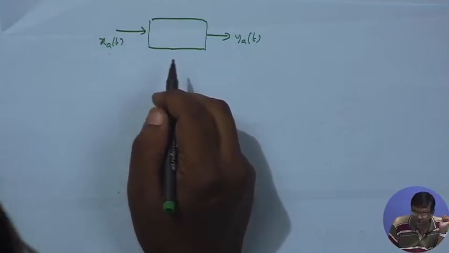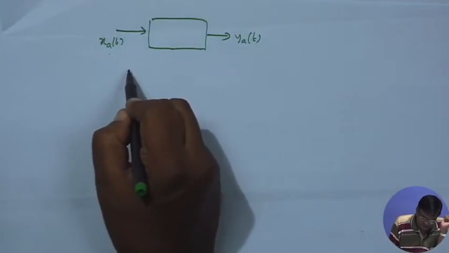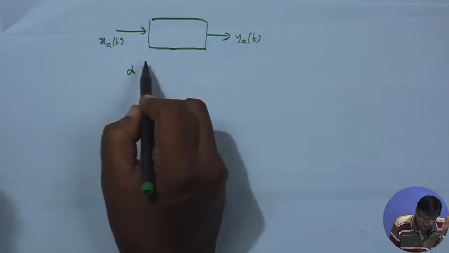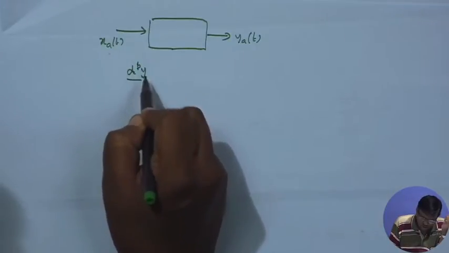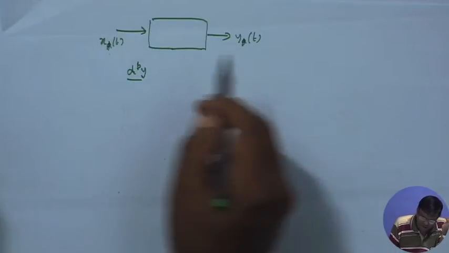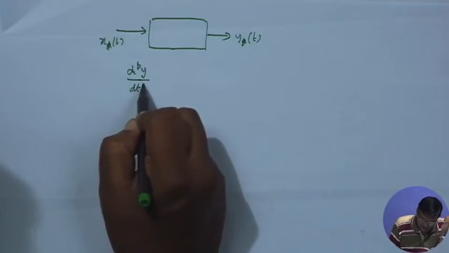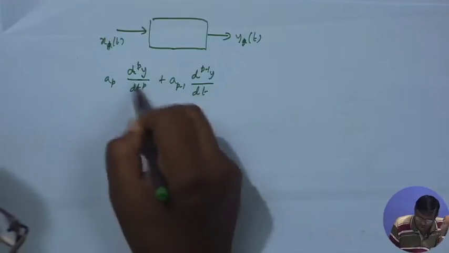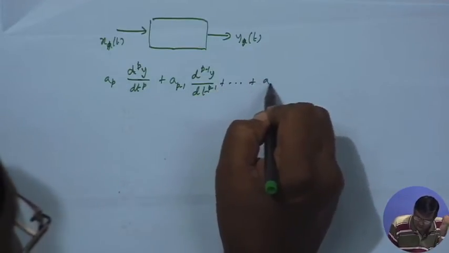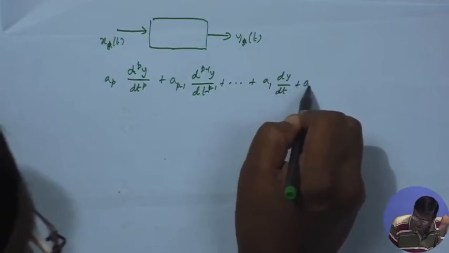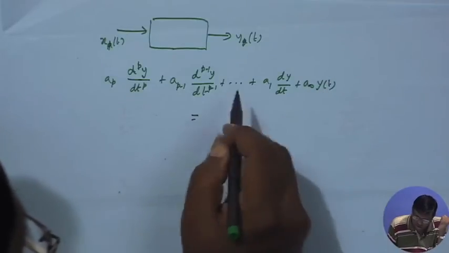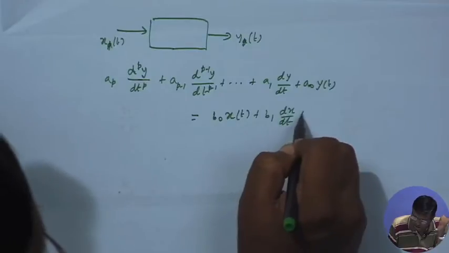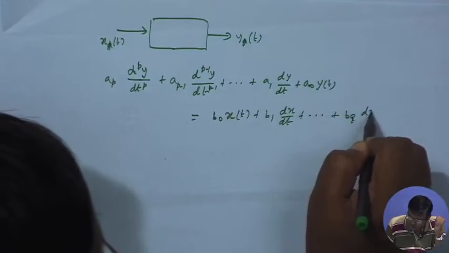In the case of sequences, we had a difference equation; here it is a differential equation, but the treatment is the same. The differential equation is, for the time being I am dropping the subscript a, it is all analog so no point in carrying the subscript a: a_p d^p y/dt^p, plus a_(p-1) d^(p-1) y/dt^(p-1), dot dot dot, plus a_1 dy/dt plus a_0 y(t), is given by b_0 x(t) plus b_1 dx/dt plus dot dot dot plus b_q d^q x/dt^q.